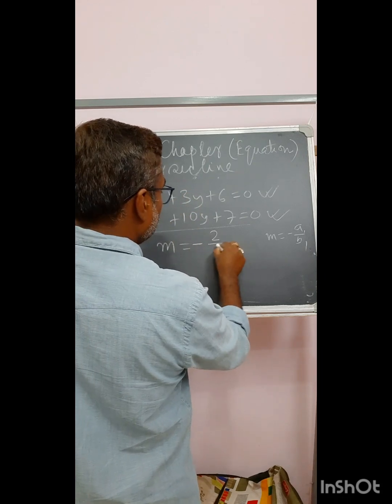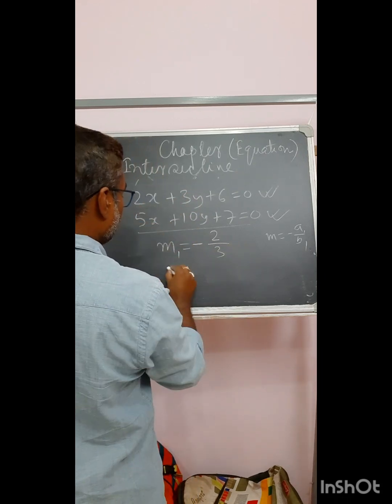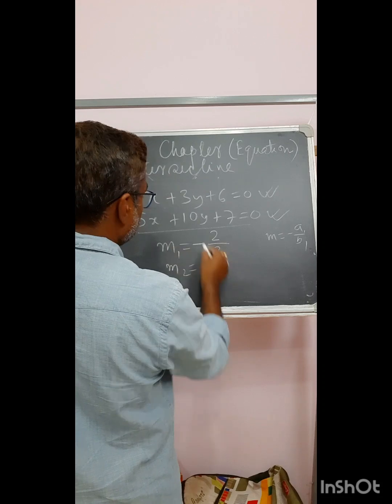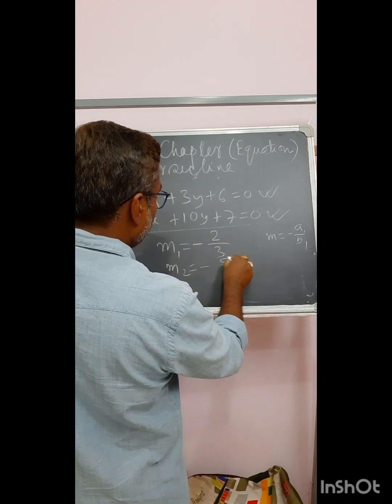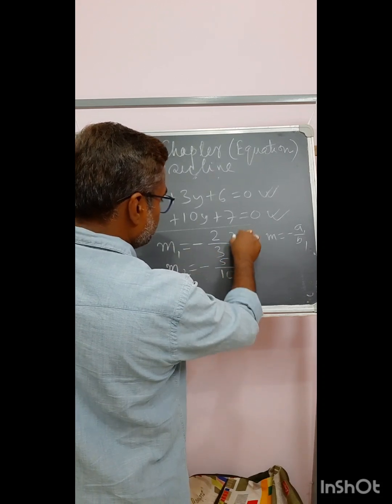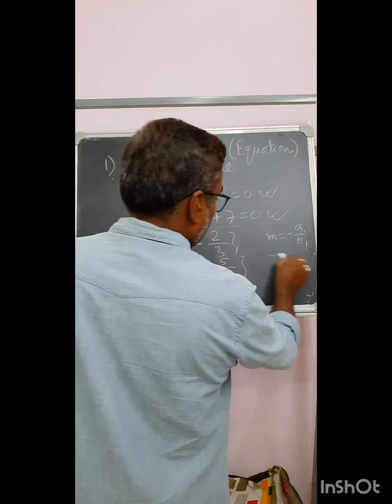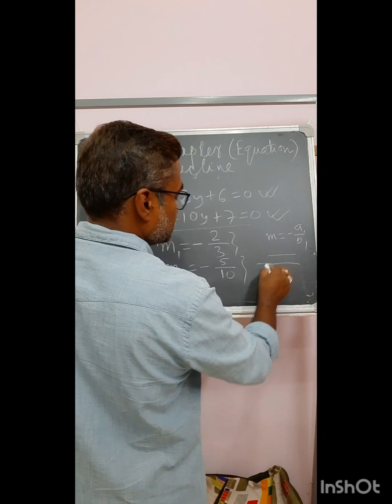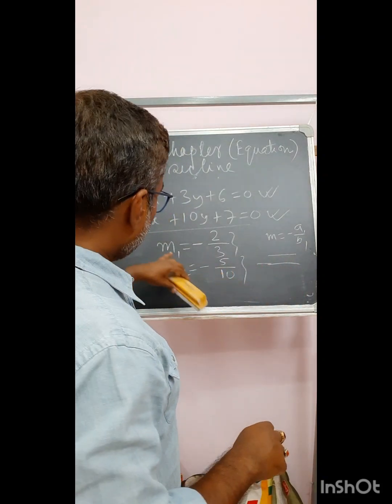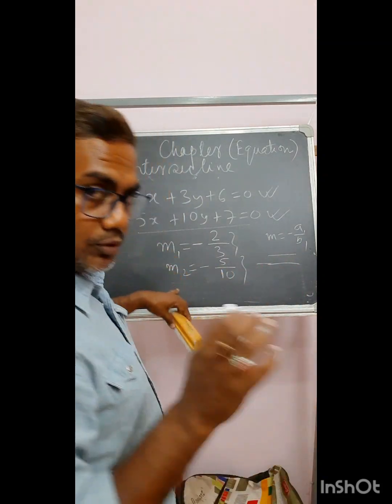So this is minus 2 by 3 for m1. For m2 it is minus 5 upon 10. So these ratios are not equal. What I know is, if lines are parallel or coinciding, then their slopes will be equal.